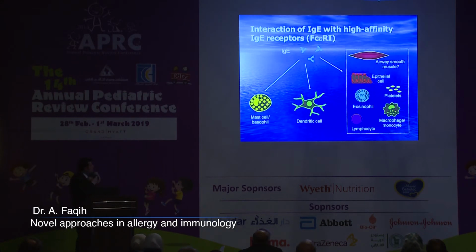I'll skip that. We talked about this. These receptors are called FC epsilon R1. They're mostly available on mast cells, basophils, dendritic cells, and some other types of cells like epithelial cells, smooth muscles, eosinophils, and so on.